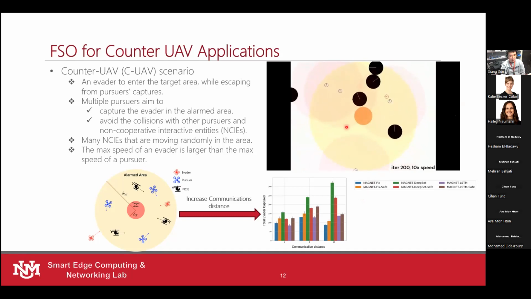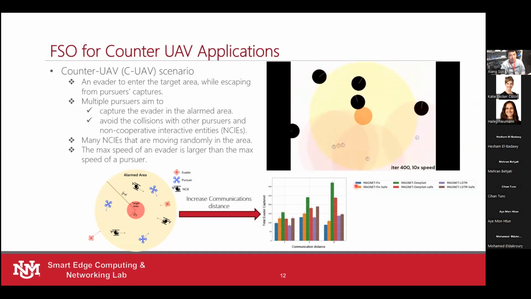The pink area indicates the observation area of the different pursuers. And this iteration indicates the training iteration. A higher training iteration means that the performance of the model is much better.